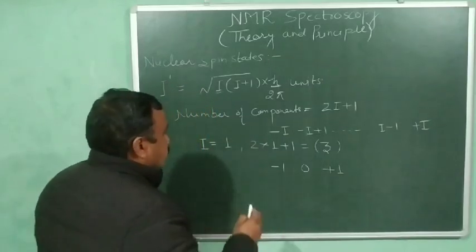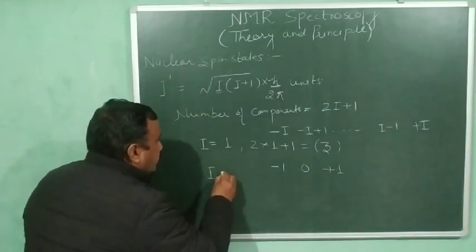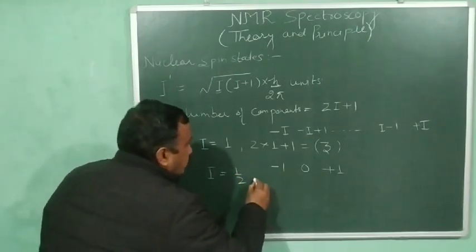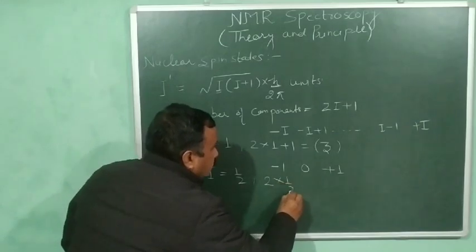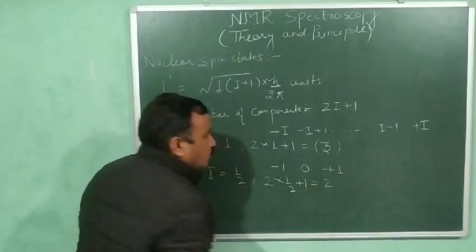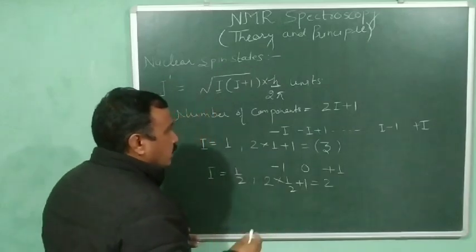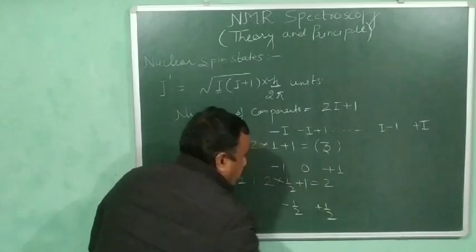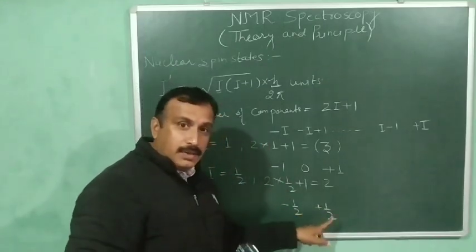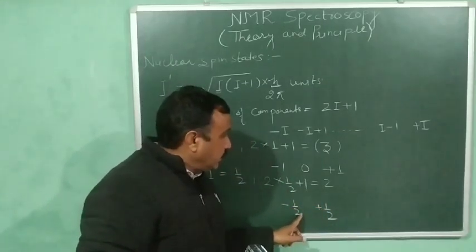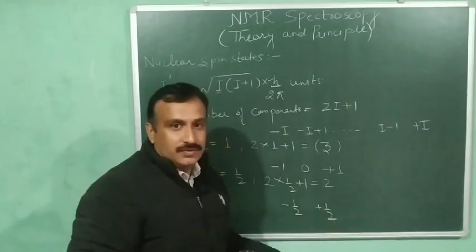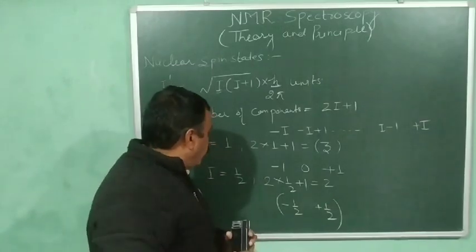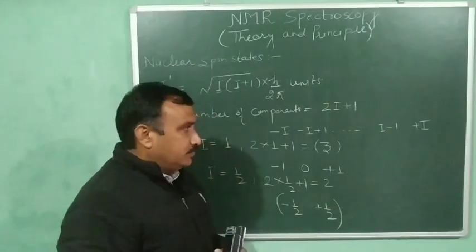And for a nucleus having I equal to half, there will be two components, that is 2 into half plus 1 equal to 2, and the components will be minus half and plus half, that is minus I and plus I. So these two are the components of the angular momentum vector when I is equal to half.